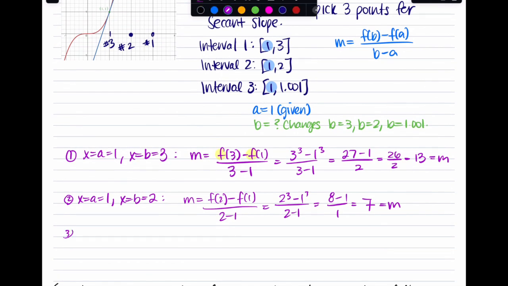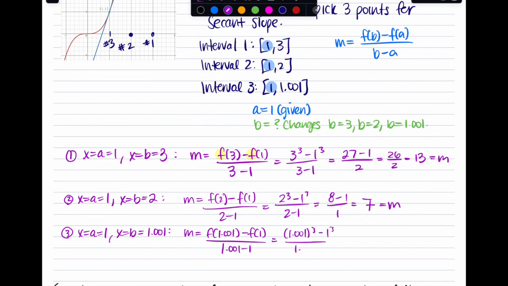So then the last one, x equals a equals 1, x equals b equals 1.001, really close to 1. We've got f of 1.001 minus f of 1 over 1.001 minus 1. This is 1.001 cubed minus 1 cubed over 1.001 minus 1.